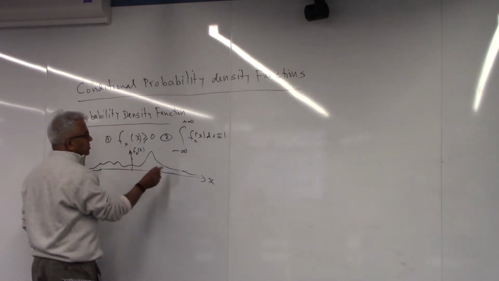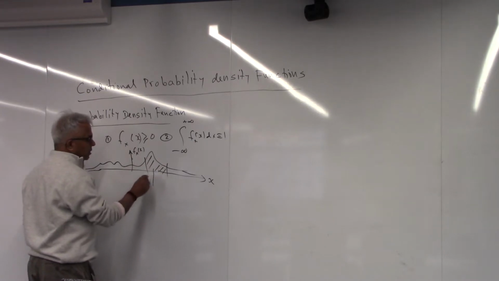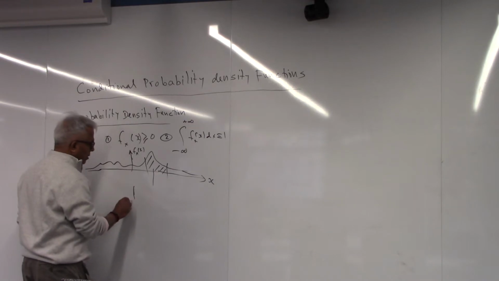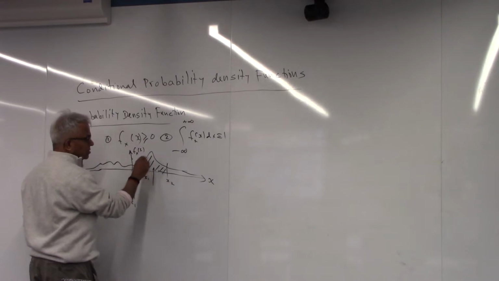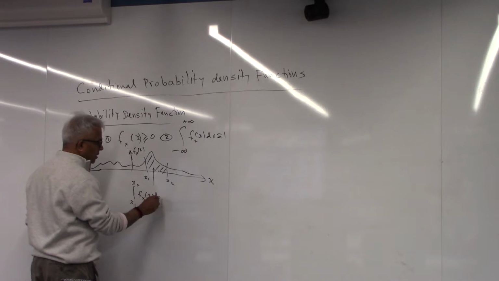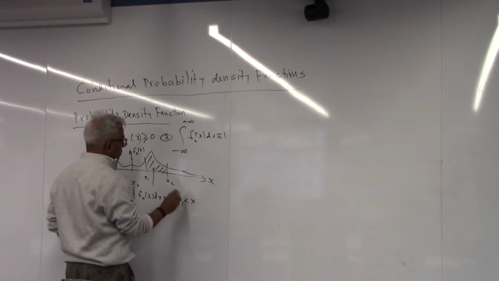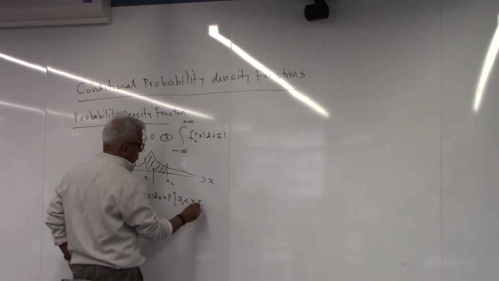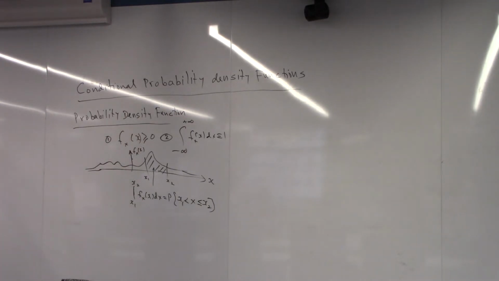And the meaning is that if you take any region, the area from x1 to x2, let's say this is x1, this is x2, then this shaded area is the area under the density function over that region. And as we know, that's the probability of the random variable taking values in this region, x1 to x2. So that's the physical meaning of this density function.